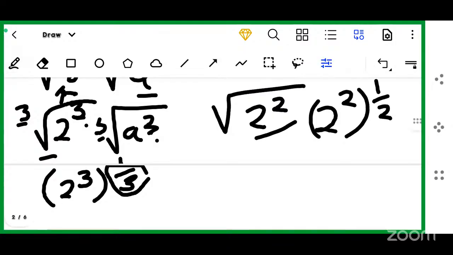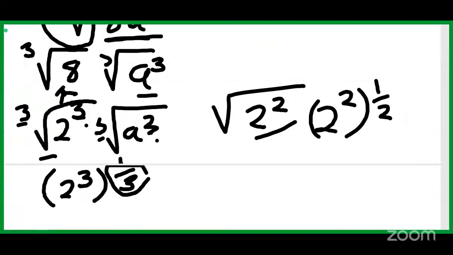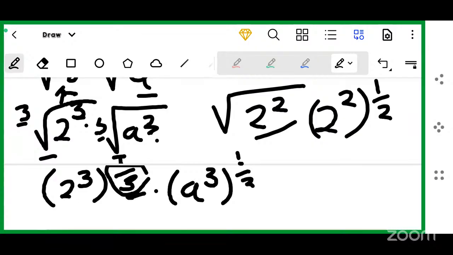So open bracket 2 to the power of 3, close bracket, to the power of 1 over 3. And for a, multiply by a to the power of 3, close bracket, again to the power of 1 over 3, because we have a cube root.